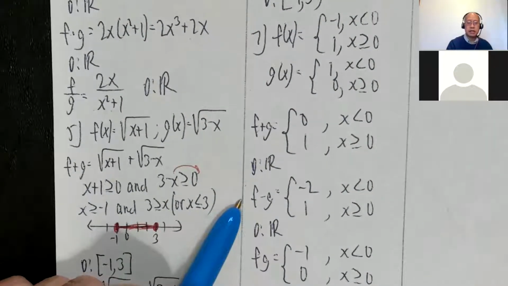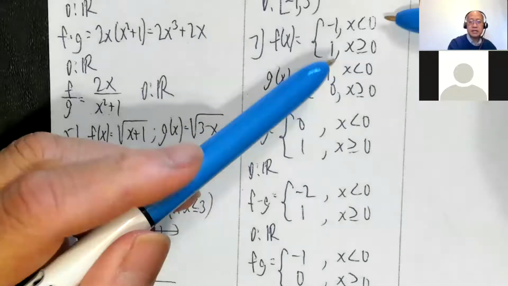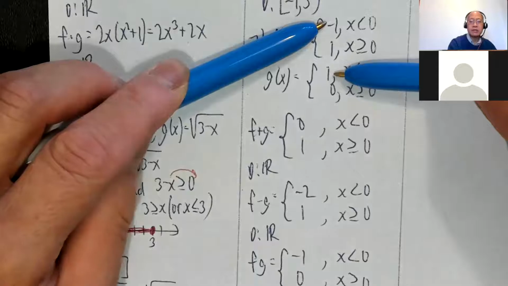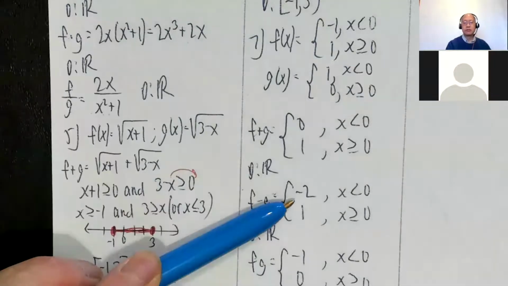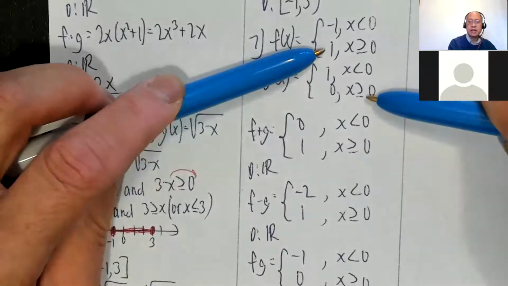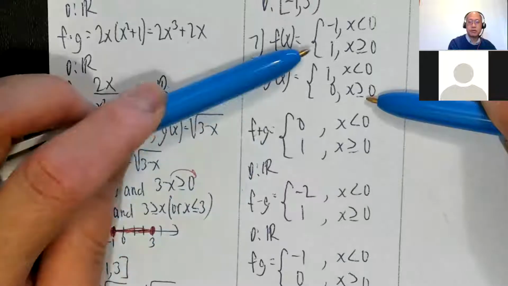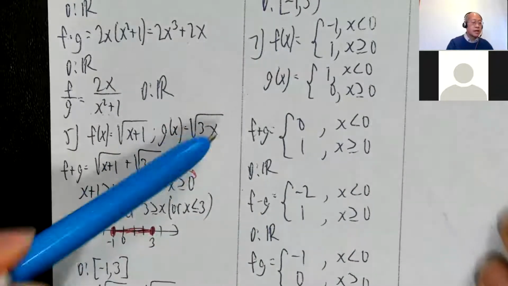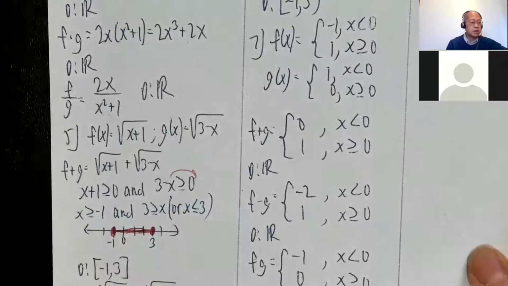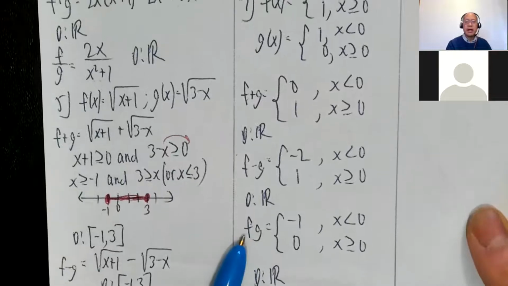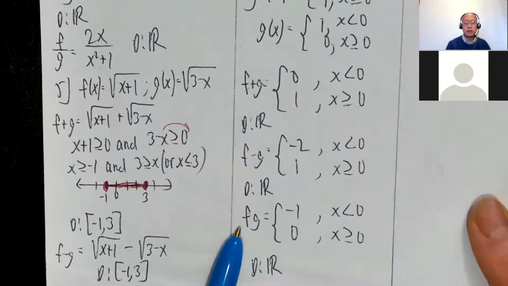F minus G, same thing. So if I'm less than 0, only look at this and this. It's -1 minus 1, which is -2. And then if I'm greater than or equal to 0, that's this one and this one. I subtract because it says F minus G. 1 minus 0, 1. And again, that's defined for all real numbers. F times G, FG, multiply.